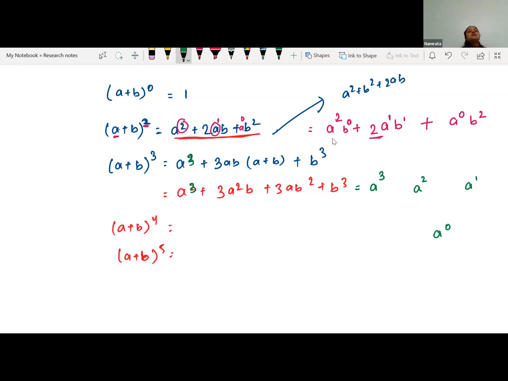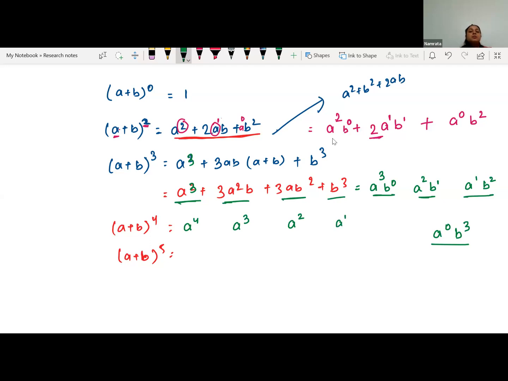Similarly, b power starts from 0, then becomes 1, then 2, then 3. Are you able to relate it with this? a square b, ab square, b cube. So basically, how the pattern goes for a plus b to the power 4: I know the first term will have a to the power 4, the next term will have a cube, after that I'll have a square.